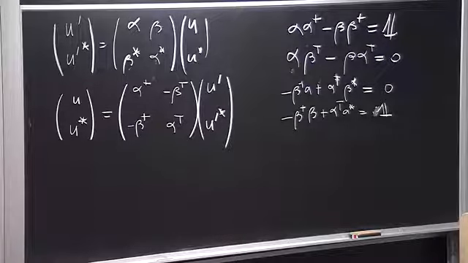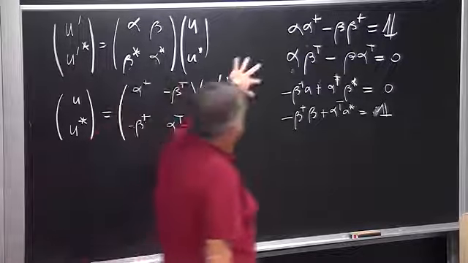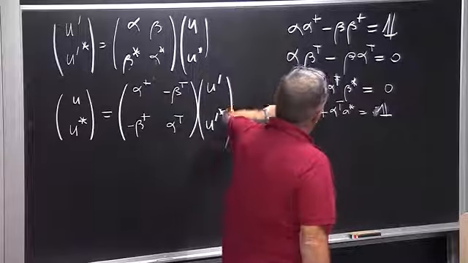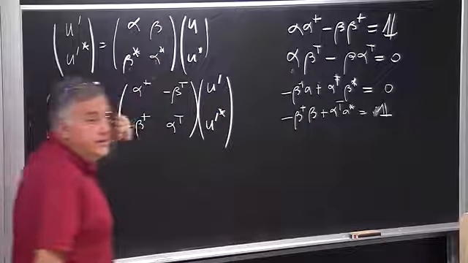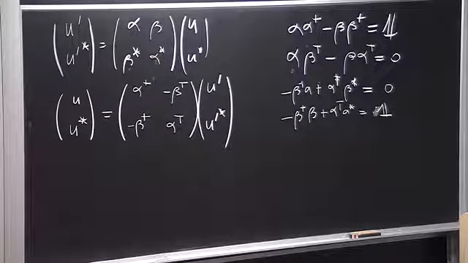So these are the 4 relations that have to be satisfied by these matrices. Okay. We will see they all enter in the construction of the S matrix we are going to do.